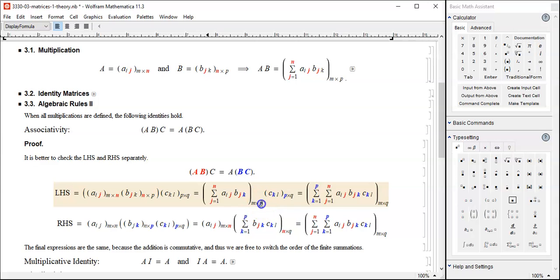And how about the size? m by p and then p by q, we get m by q. And how about the summation? Well, this whole thing was there before, so it's reproduced here as I just highlighted. And this is the ik entry, right? So k here and k there are common. So this whole thing I just highlighted is actually ik. So ik and then kl. In total, we have il.